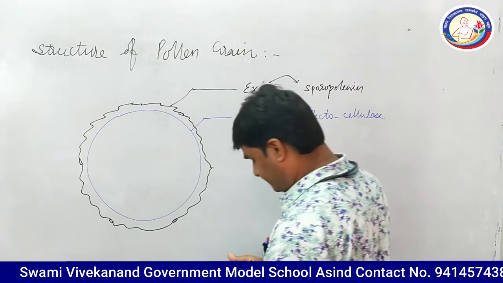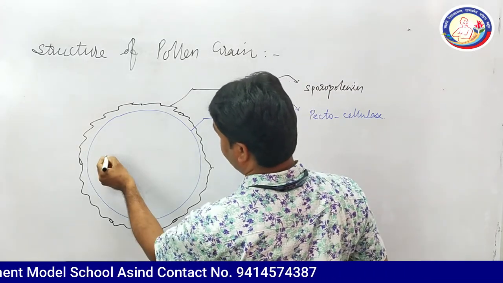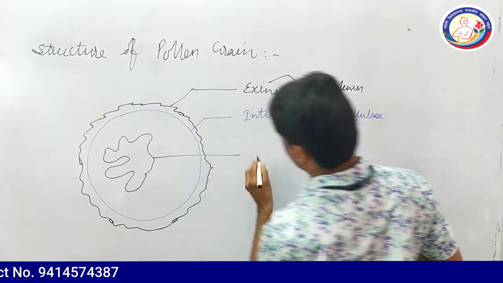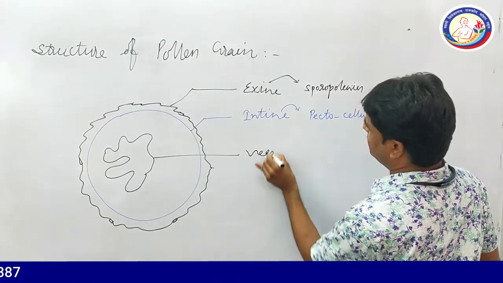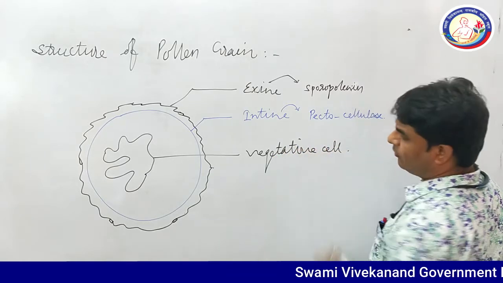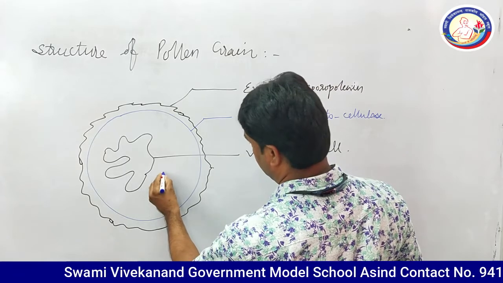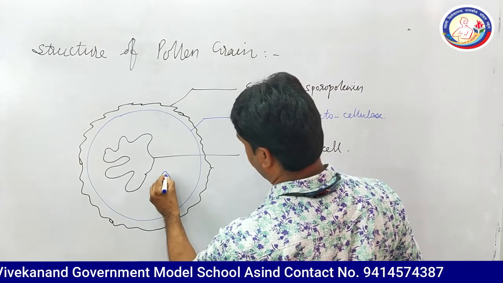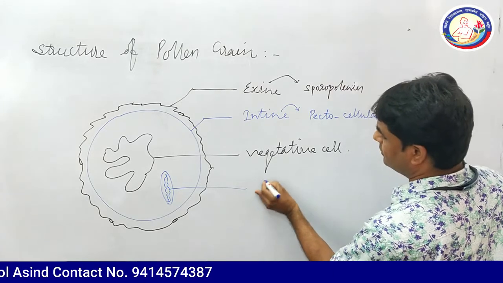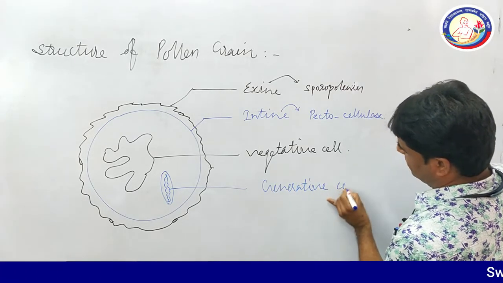It contains an irregular shape structure. This is the vegetative cell, while there is a lens-like nucleus. This is known as the generative cell.